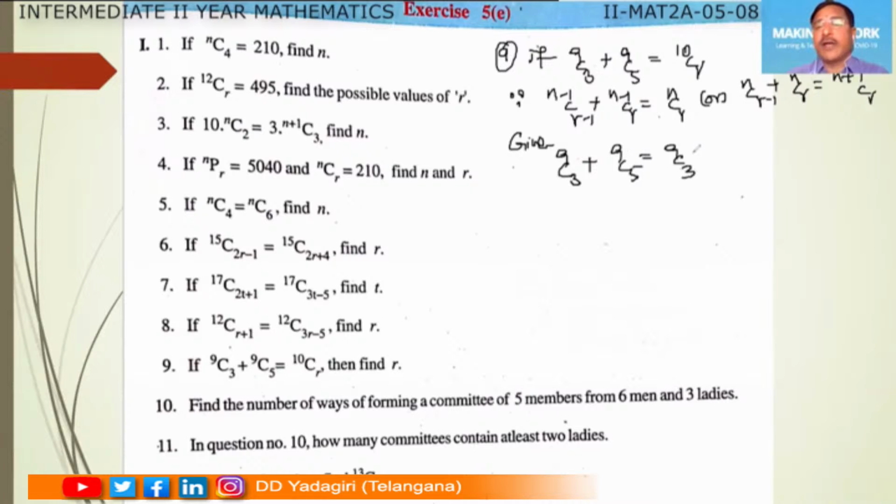So 9C5 we can write according to NCR. Since NCR is equal to NC n minus R. We have this formula. Therefore 9C5 is equal to 9C 9 minus 5. That is 9C4. So this formula in combinations generally we apply when the value of R is more than half of the value of n.